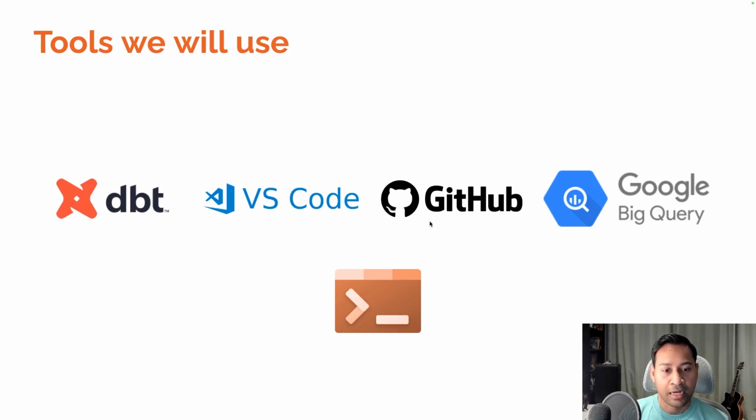Then we'll need GitHub, which is where we'll be storing all of the code we produce locally, in our remote GitHub projects. And then we have Google BigQuery. This is the data warehouse of choice for our dbt Bootcamp, so we'll be connecting to it and building our models inside our BigQuery data warehouse.